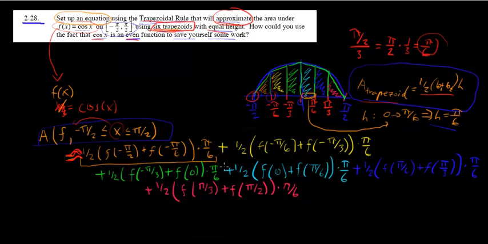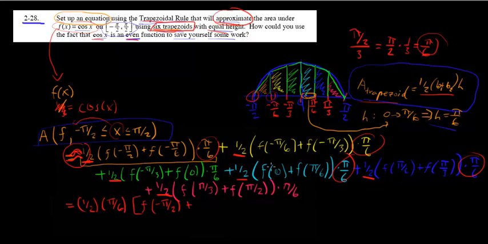And this again gives us an approximate area. So I want to make sure to use that symbol because it's approximate. We can simplify it if we notice that each one of these has a 1/2. Each term has a 1/2, and also a pi over 6.